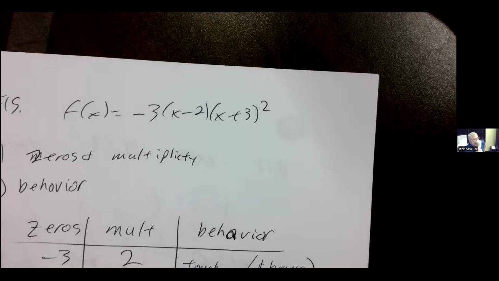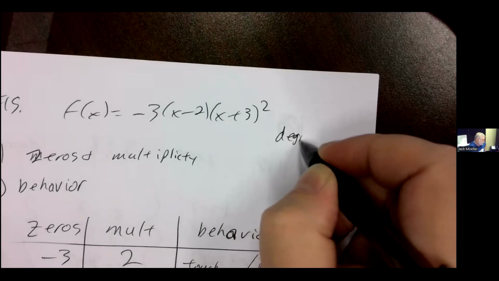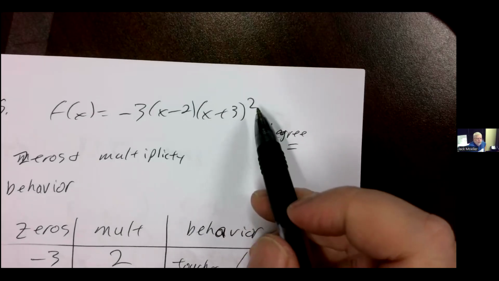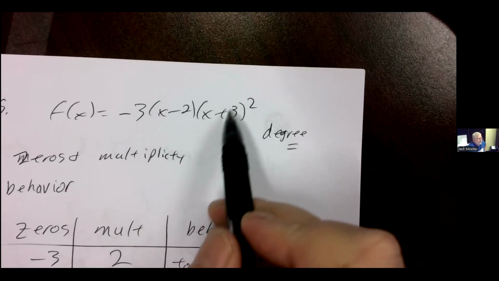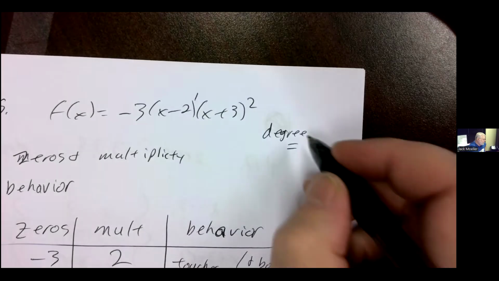So what is the degree of this polynomial function? This is where you have to be careful because a lot of times I hear people say 2 because we've kind of conditioned you to look for the biggest exponent. But remember, if it's in factored form, you have to add up all the exponents. It's not just the largest one, it's all of them.